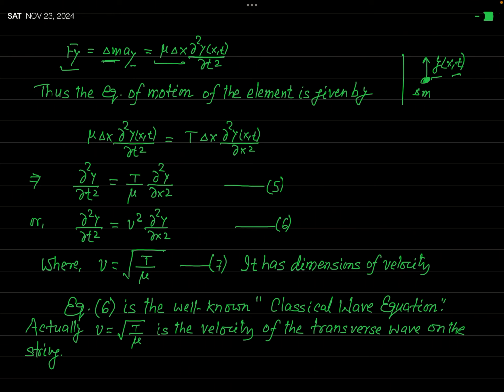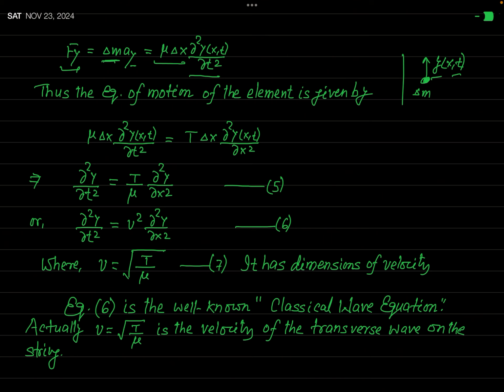But again mark it, y is not a function of t only, it is also a function of x. So you must take the partial derivative. So I have not written d2y by dt square, an ordinary derivative, but I have written the partial derivative del 2y of xt by del t square. This is the acceleration.